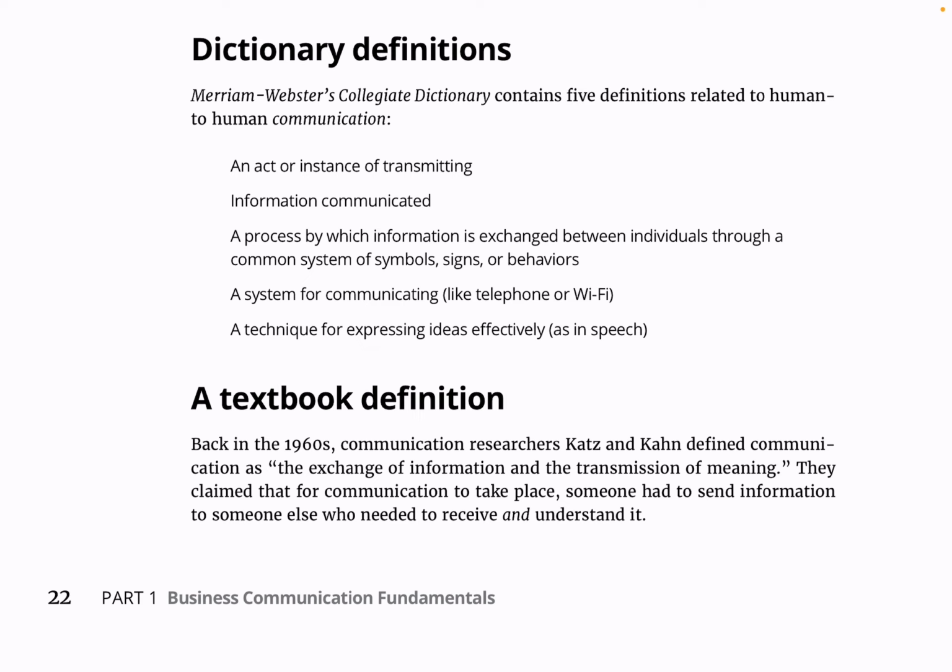And we have a textbook definition. Back in the 1960s, communication researchers Katz and Kahn define communication as the exchange of information and the transmission of meaning. They claimed that for communication to take place, someone has to send information to someone else who needs to receive and understand it.